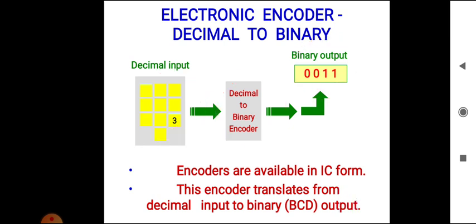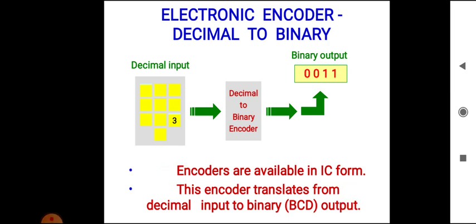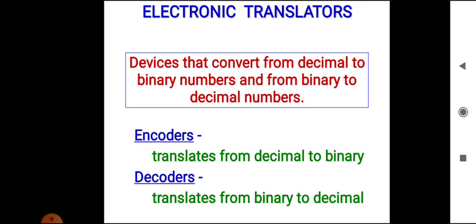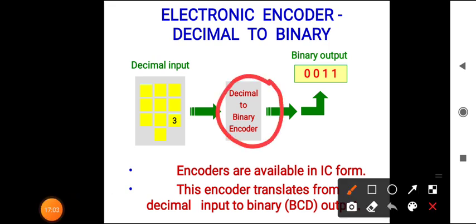Here encoders are available in IC form. This encoder translates decimal input to binary output. So we already discussed that decimal to binary means encoders. This encoder will convert a decimal number into a binary number.